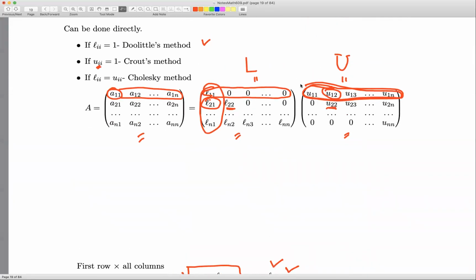On the first pass, we determine these 2 elements. On the second pass, we determine the first row of U and the first column of L. Then the next pass, we determine these elements here and here. And then if we multiply the second row of L with each of the columns 3 and so on, we will determine these elements, the second row of U.